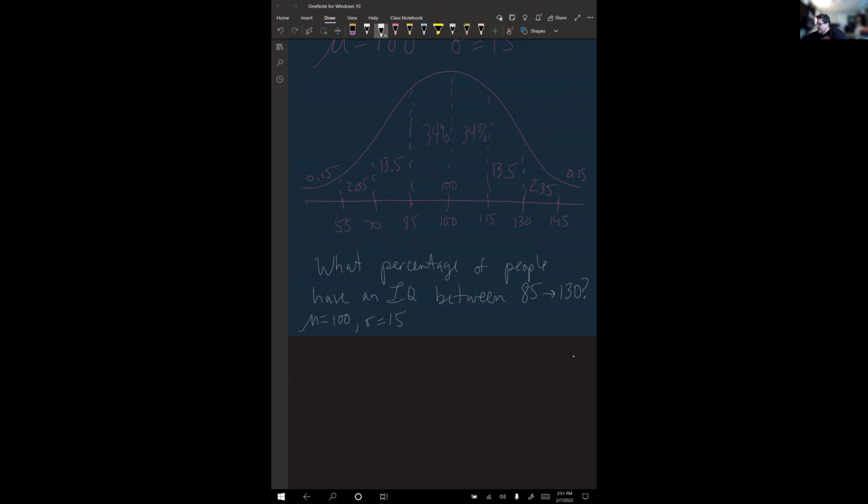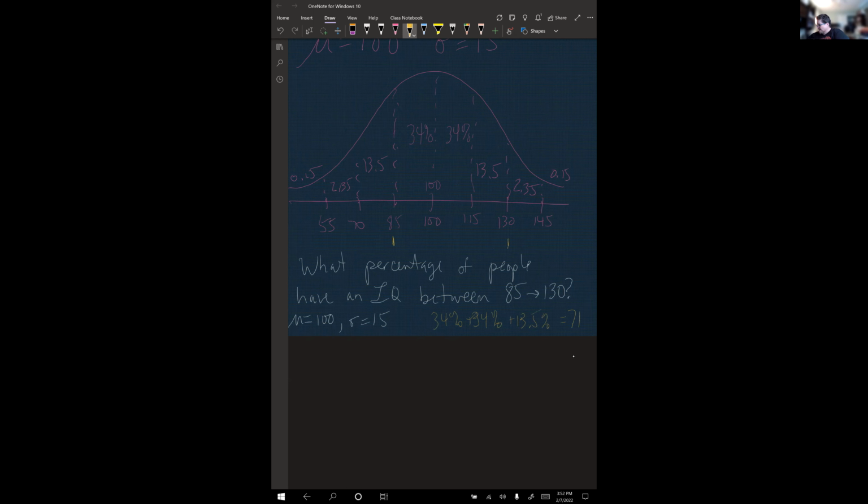So our group is between here and here: 34% plus 34% plus 13.5% is 71.5%. That's the kind of questions they'll ask.